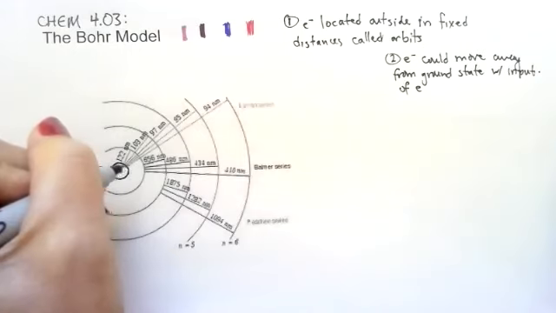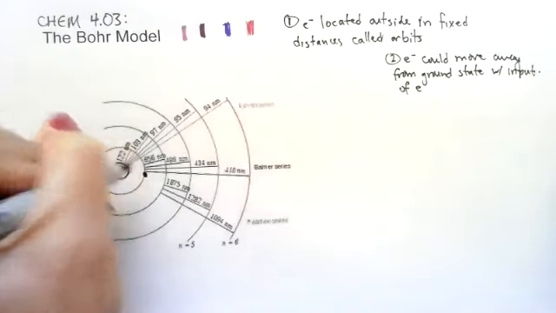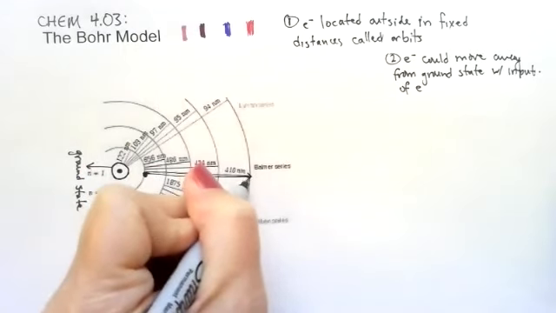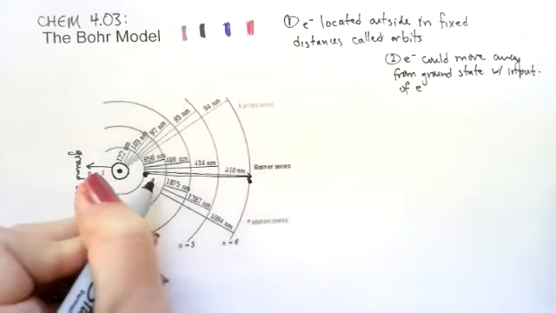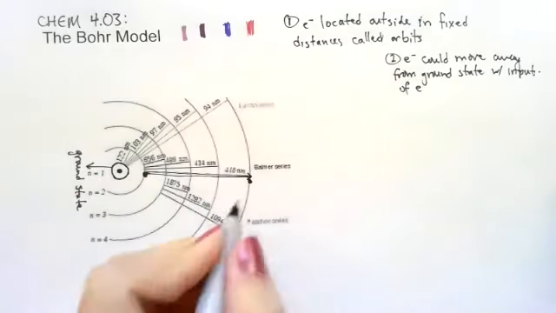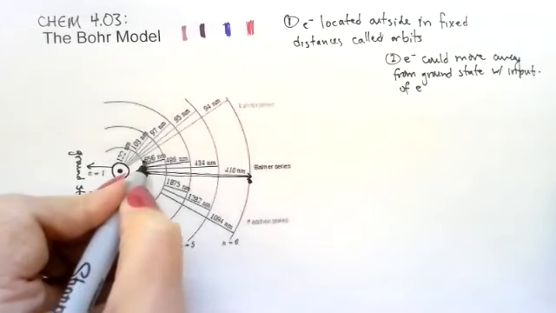So, for example, if my electron started here, it could go up 1, 2, 3, 4 rungs, or here it could go up 1 rung.